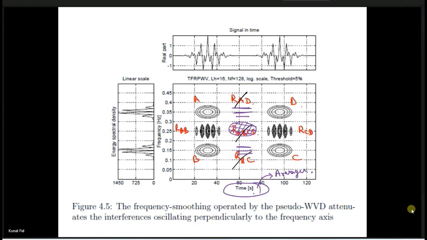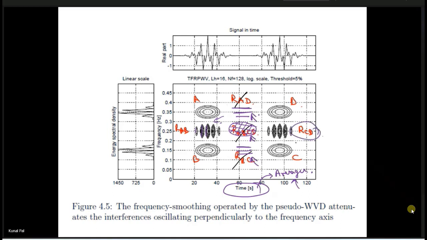Since we have applied the window in the time domain, it is just averaging the stuff out. Now when it is doing so, it is removing these cross term components in the time domain. However, due to this averaging effect, it is increasing the length of the cross terms in the frequency axis. Okay, in the frequency axis.